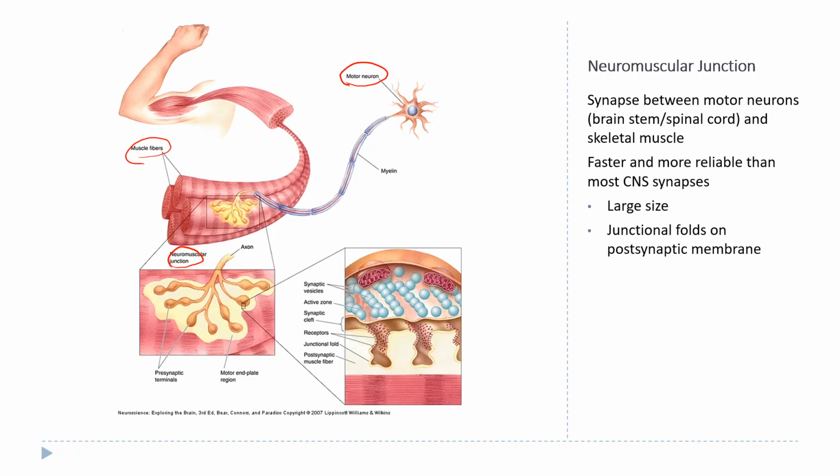Structurally, though, the neuromuscular junction is different from a central nervous system synapse. For one thing, it's much bigger. The surface area of the synapse and the area of each active zone is a lot bigger than a typical synapse in the brain. And each axon usually branches and forms lots of little terminals.